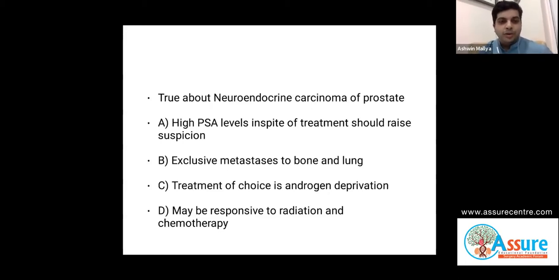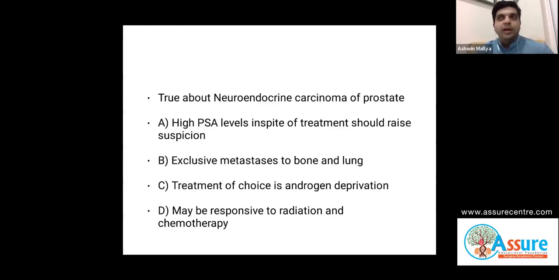What is important to know about neuroendocrine carcinoma is that it is one of the malignancies of the prostate that are not dependent on androgens. It doesn't behave like adenocarcinoma of prostate, and in most cases you will see low or no rise of PSA at all.